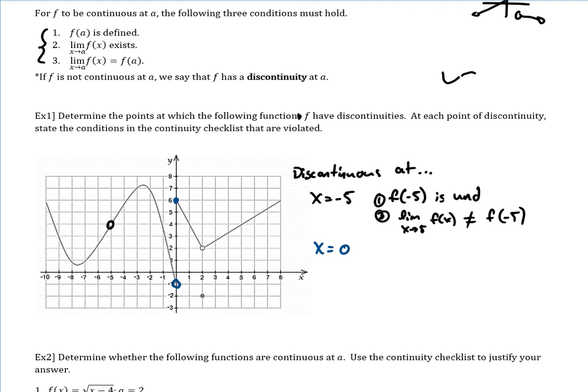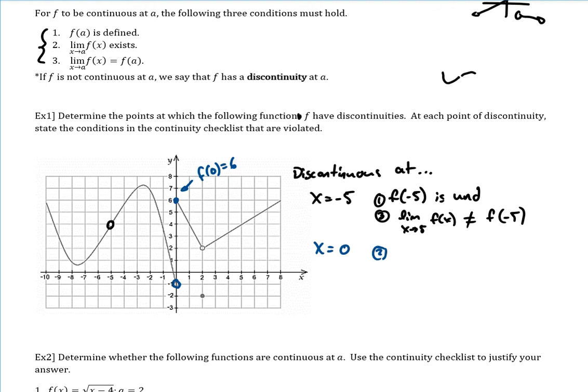Again, informally, we had to lift our pencil, but based on these conditions, let's see which ones did not work. Well, number 1, it is defined. Notice f of 0 is 6 because of that solid dot. So number 1, it was defined. However, the limit does not exist because from the left side and from the right side, we don't get the same number.